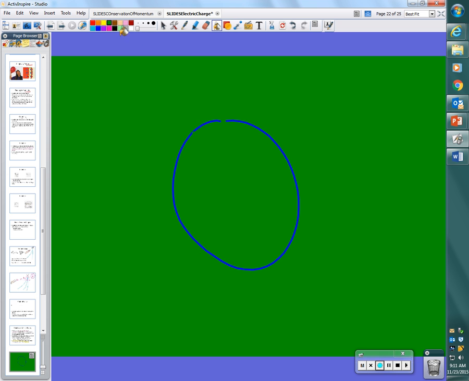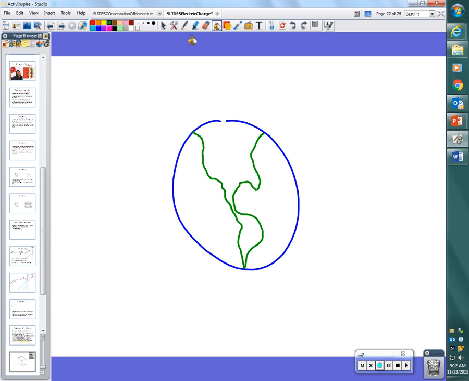I gotta finish that blue circle there. All right. Here goes nothing. Yeah, not bad. I'm actually kind of impressed with myself. I might just call it a day right here.